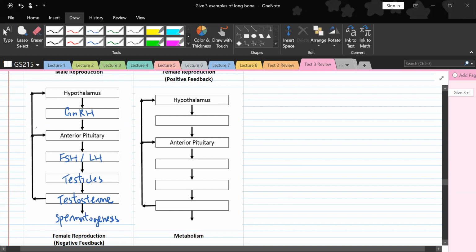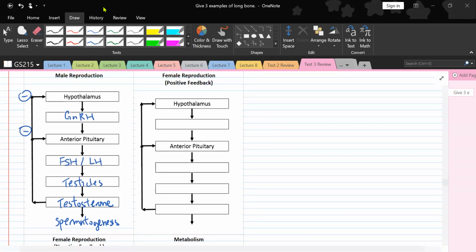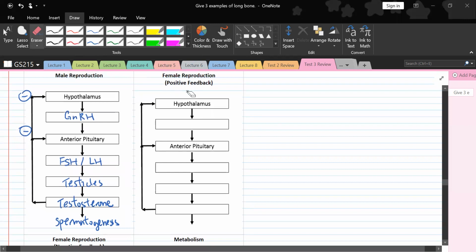But the testosterone will go back and have negative feedback, right? For the female, positive feedback, of course, we're talking about the estrogen. So you will have GnRH as usual from the hypothalamus. The anterior pituitary gland will release FSH and a bit of LH, but FSH is the key one for the first cycle. That will go to the ovaries, and then you will release estrogen as the follicle is being developed.